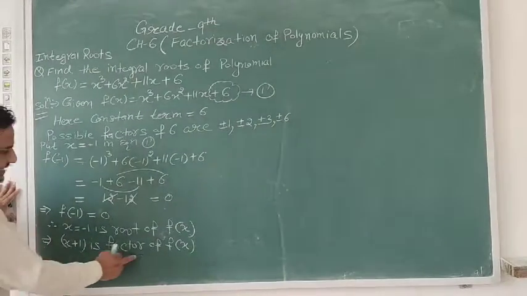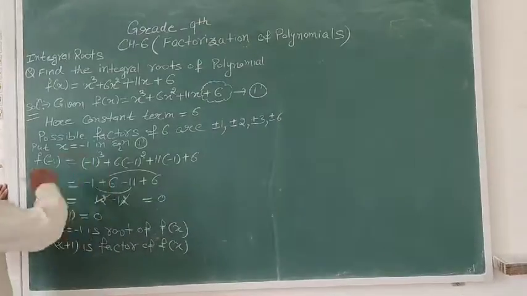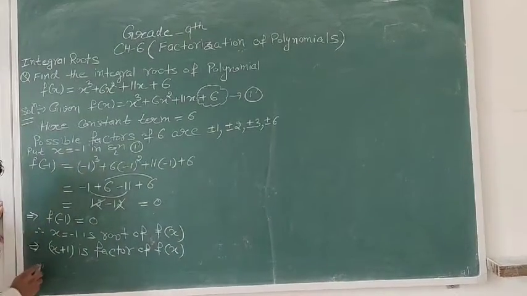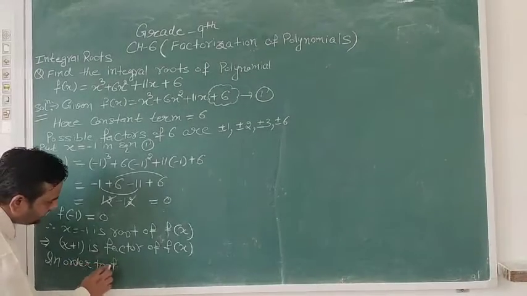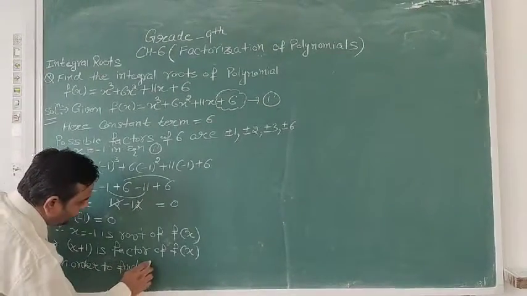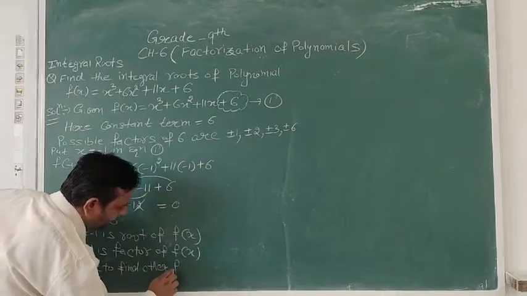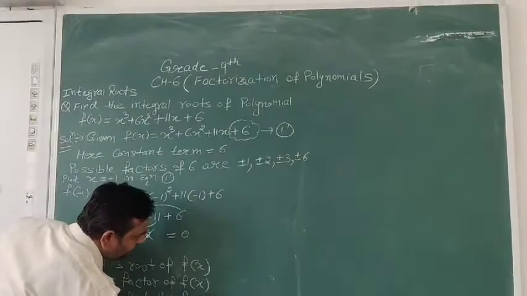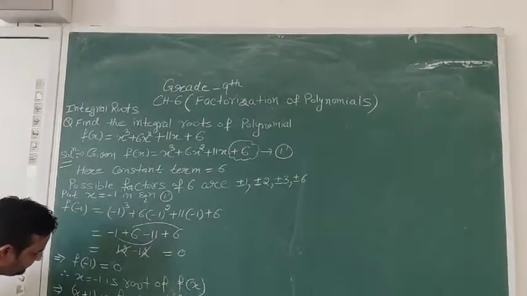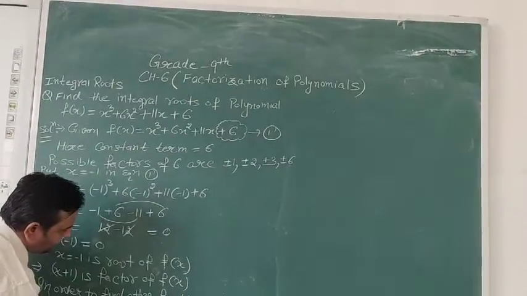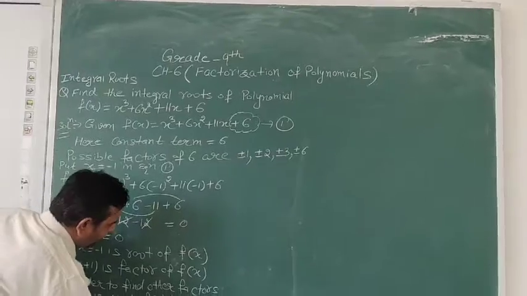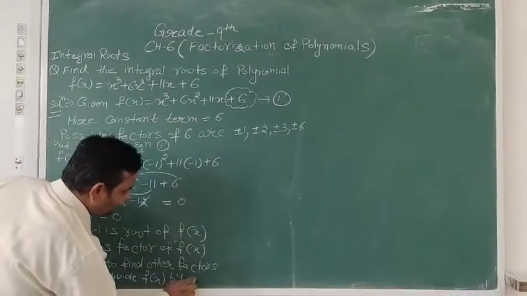If x plus 1 is one factor of f of x, in order to find the other factors, let us divide the given polynomial, that is f of x, by x plus 1.